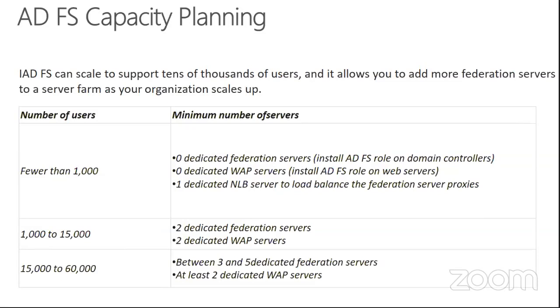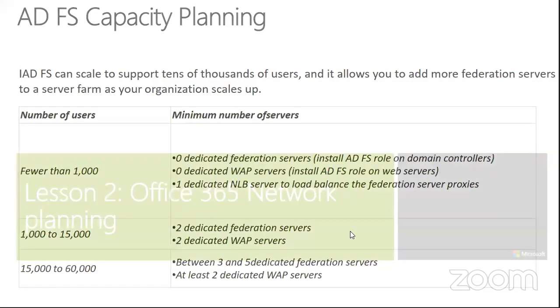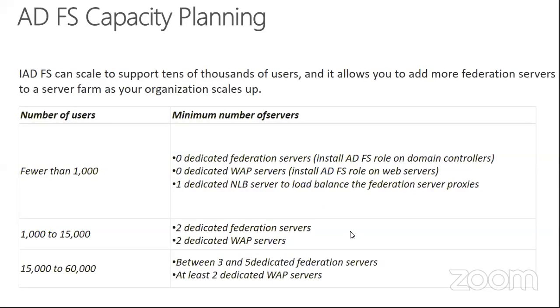But if you have more than 15,000 users, in that case you can choose anywhere between 3 to 5 dedicated federation servers, right? Although in that case also you can have two dedicated web servers, but yes, again, if the intent is to provide more resiliency, you can opt for more app servers as well.